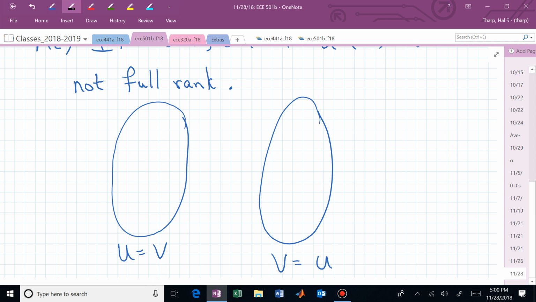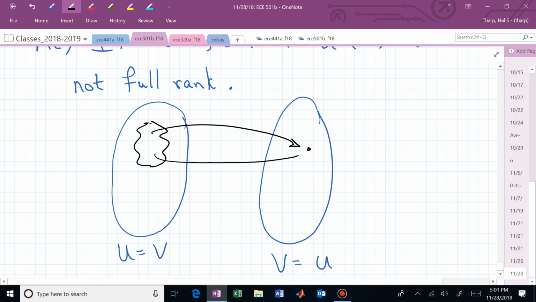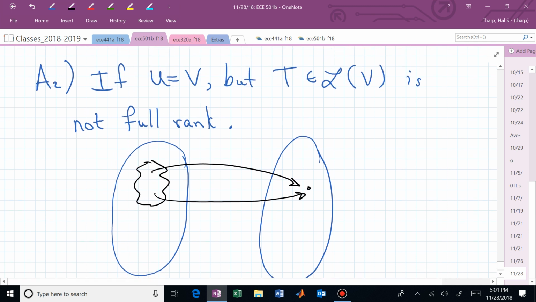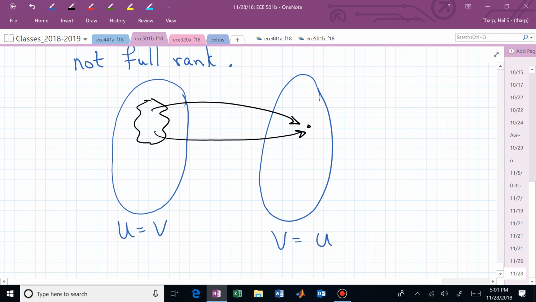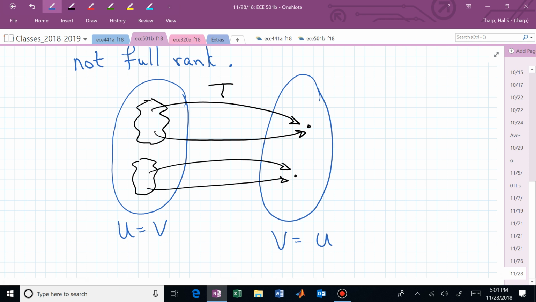But now, if we go through this map T, we might actually have many vectors in the input vector space that actually map to the same point, because we have a non-full rank operator T. Or we could say that T can map many vectors to one vector.